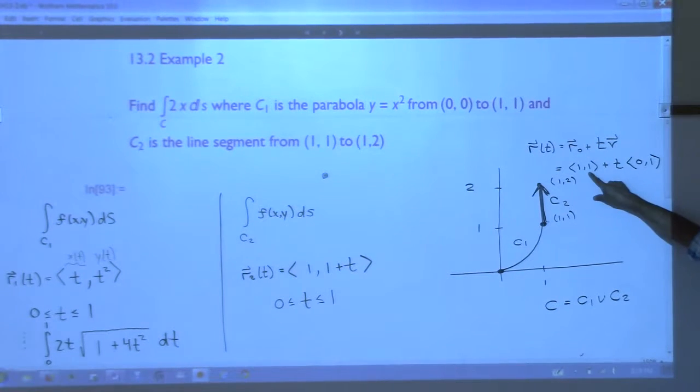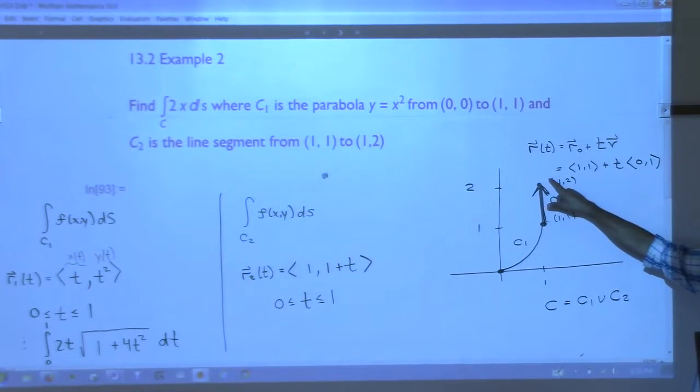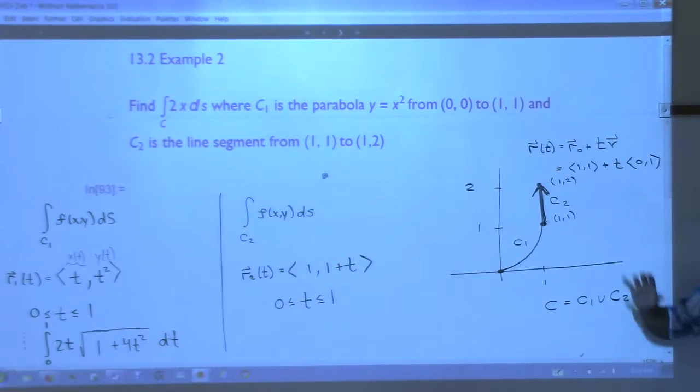I said you always start with the first point, and then this direction vector will be the vector from the first point to the ending point. If you do it this way, your t will always go from 0 to 1, and you don't have to make any adjustments. It'll always work. Okay? So that's what I'm sticking with here. All right, so that's it.